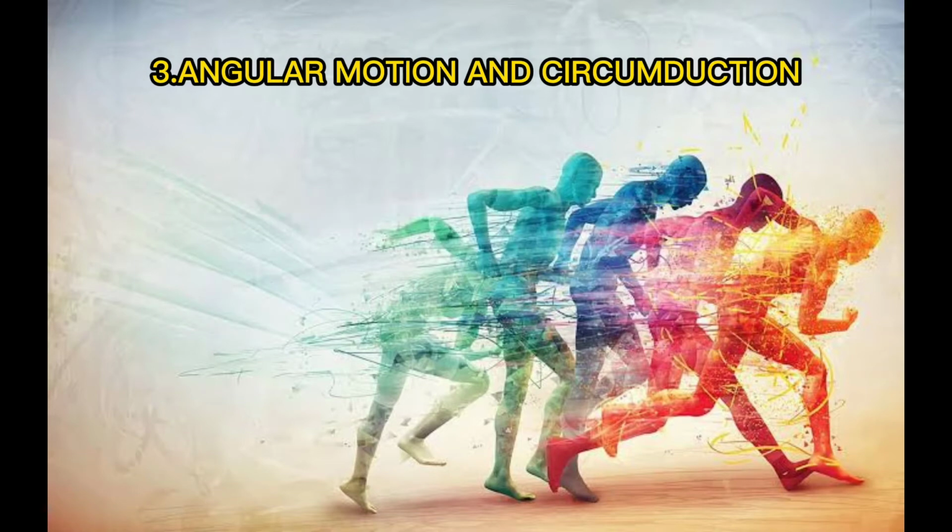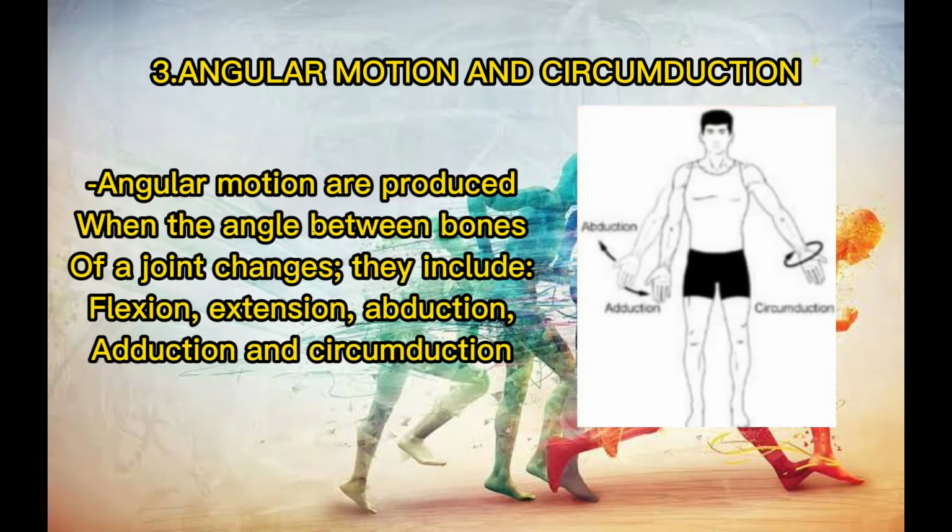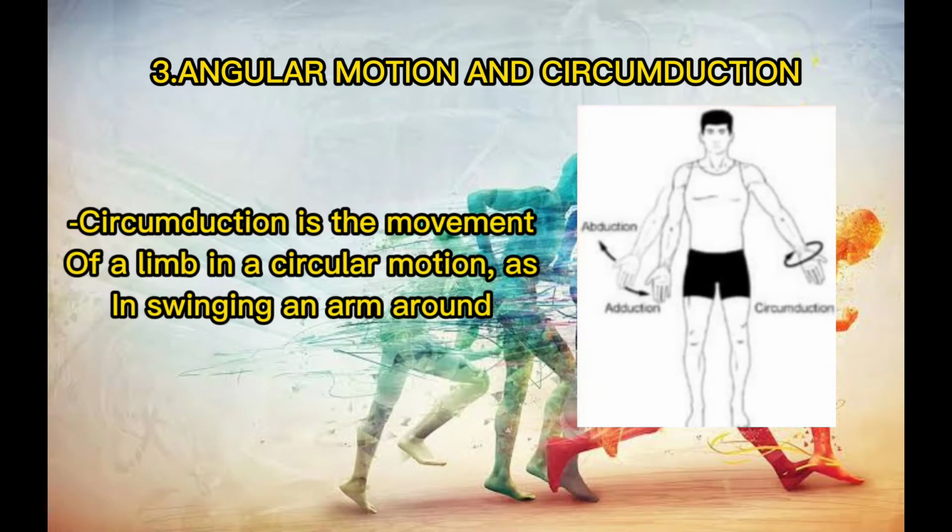The third movement is angular motion and circumduction. Angular motions are produced when the angle between bones of a joint changes. They include flexion, extension, abduction, adduction, and circumduction. Circumduction is the movement of a limb in a circular motion, as in swinging an arm around.